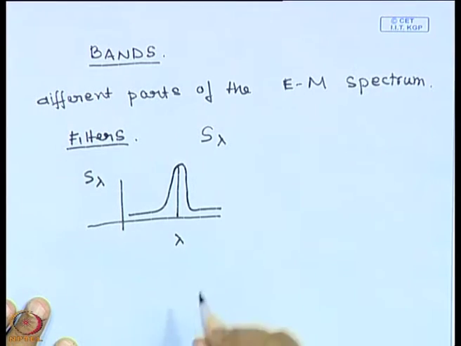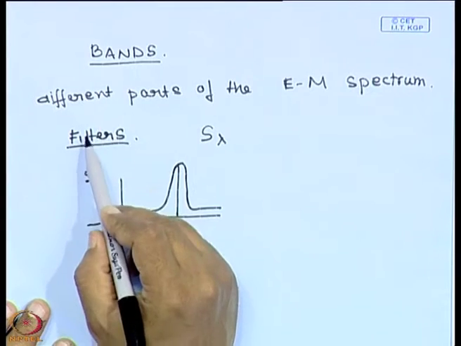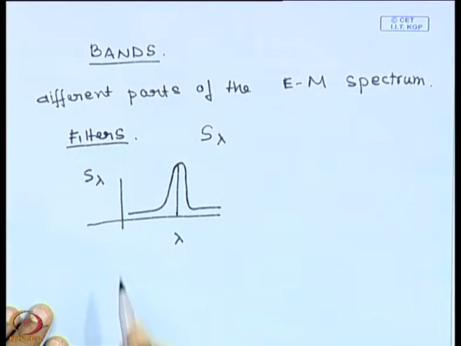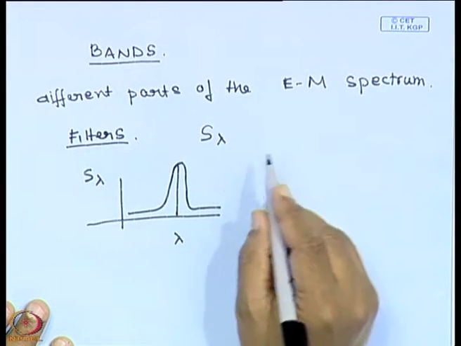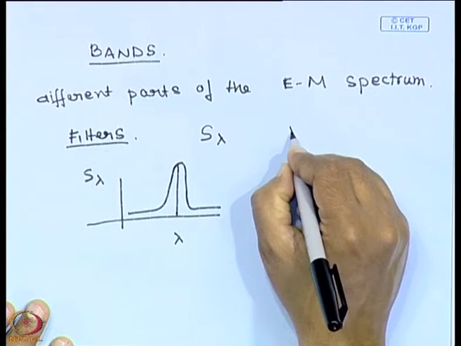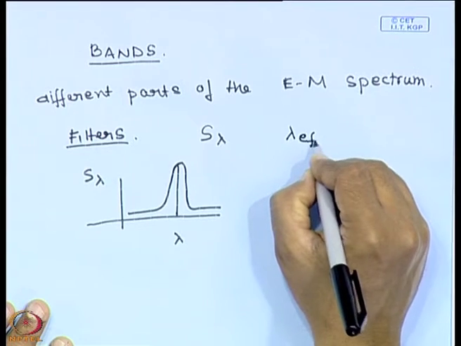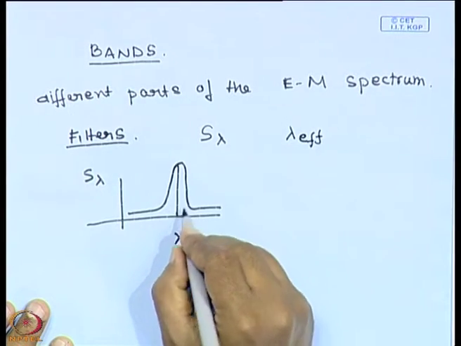Each filter defines a band, and each filter is specified by telling the effective wavelength, lambda effective.